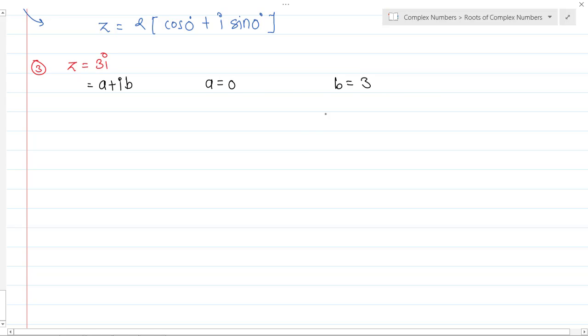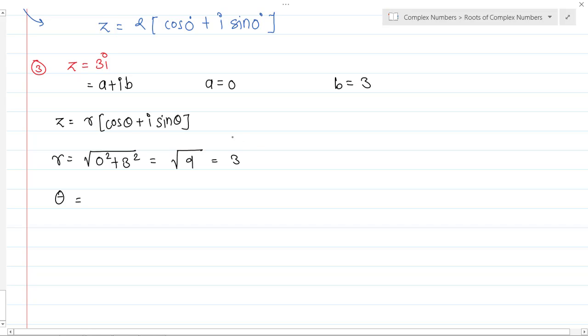Do not write b as equal to 3i, only 3 is required. The polar form is R (cos theta plus i sin theta). Let's find out R. R is root of 0 square plus 3 square, which is root of 9, which is 3.